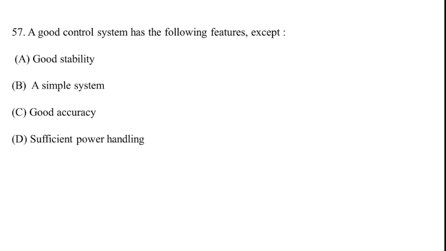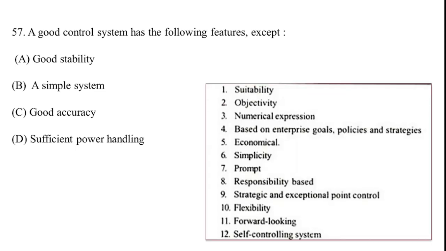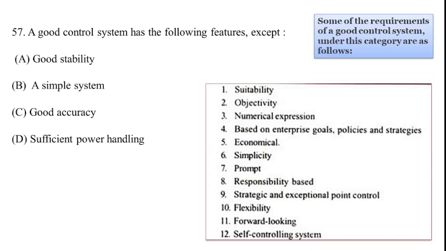A good control system has the following features except. Option A, good stability, a simple system, good accuracy, sufficient power handling. The requirements of a good control system under this category are as follows: stability, objectivity, numerical expression, economical, simplicity, flexibility, forward looking.